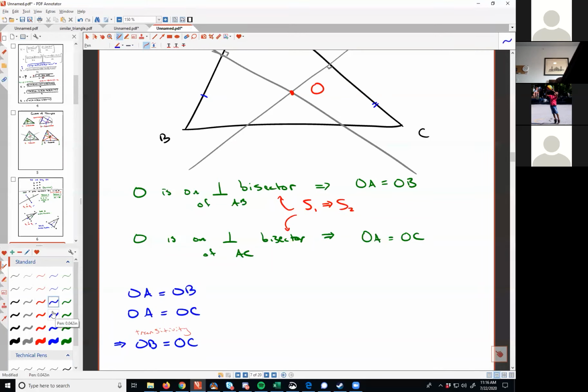And now, since OB equals OC, what do we know? O is equidistant from points A, B, and C.